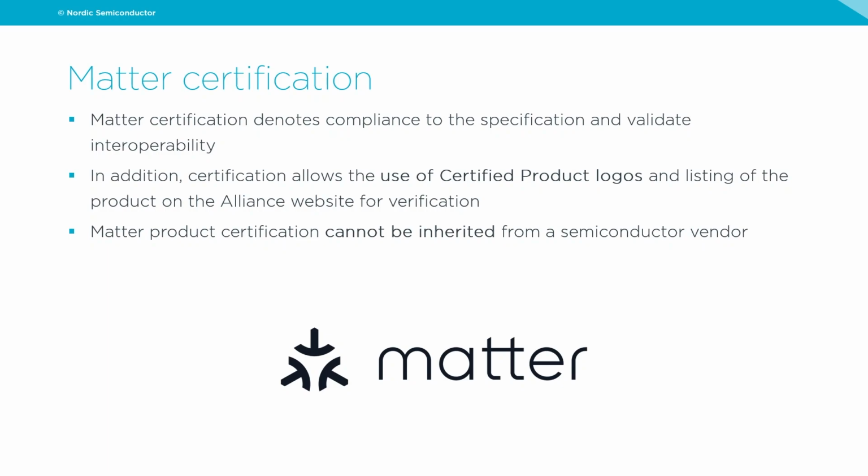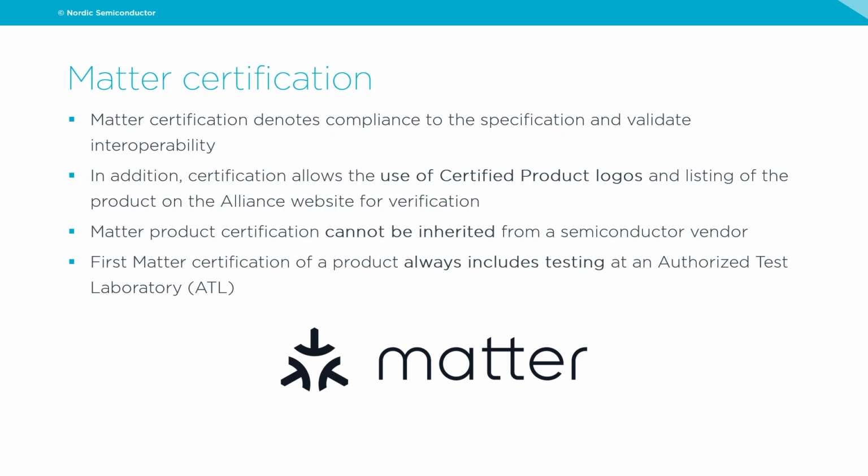I would like to emphasize that Matter product certification cannot be inherited from a semiconductor vendor. As a result, first Matter certification of a product always includes testing at an authorized test laboratory. You can read more about Matter certification following the link at the bottom.